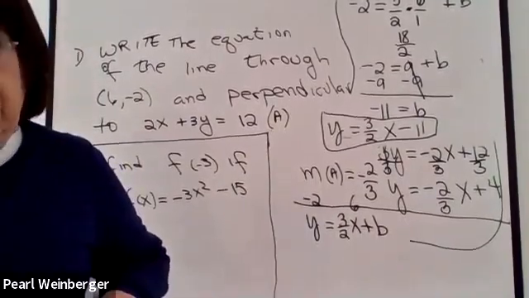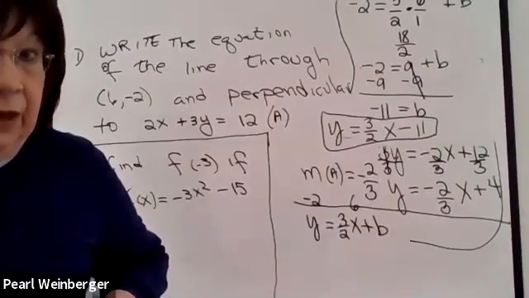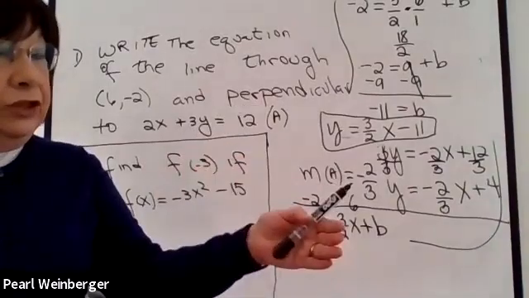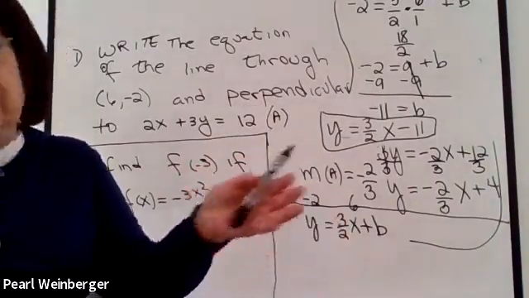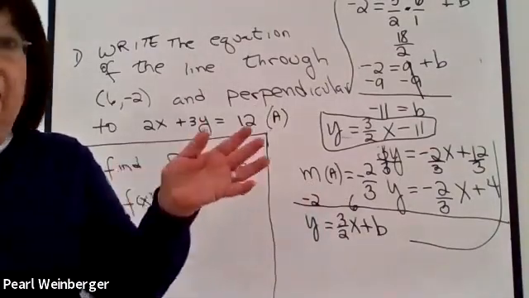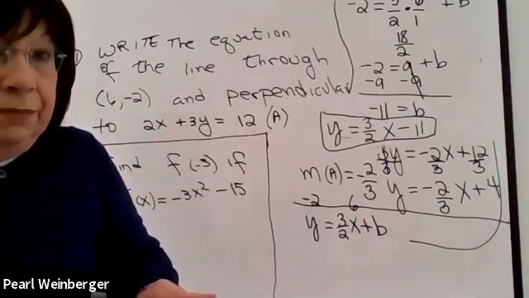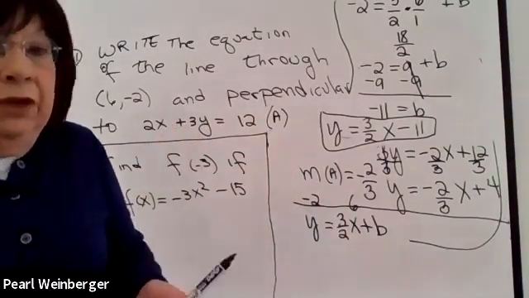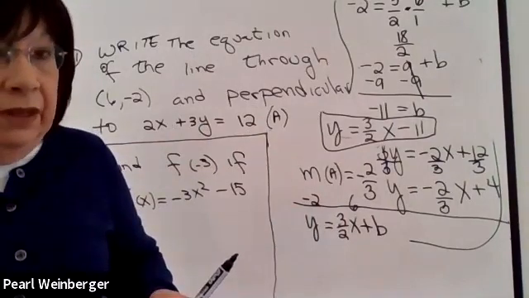Very often, all you have to do is figure out the right slope, because if you look at the equations, the choices they'll give you, sometimes they give you 2 with the same slope, but they might give you all different slopes. And if you figure out what the right slope is, you don't have to go any further, because that has to be the right answer. We're going to see those type of questions a little bit later.